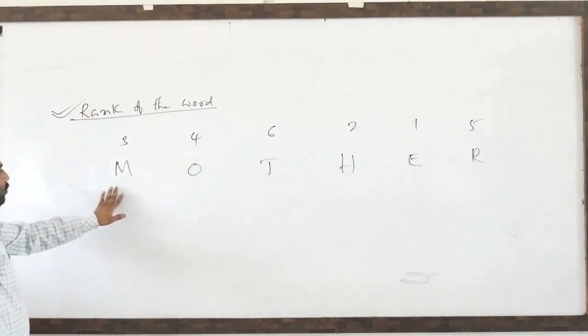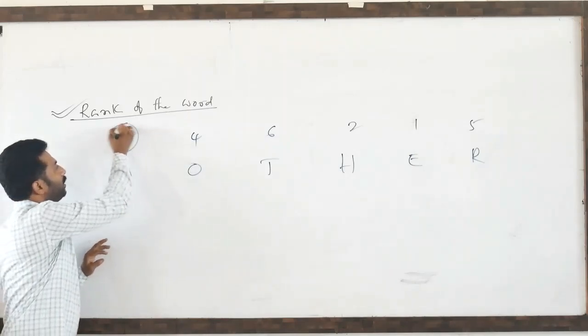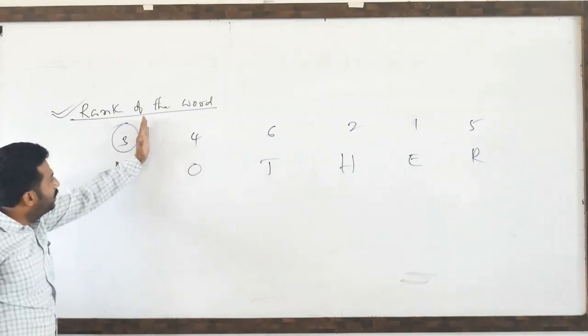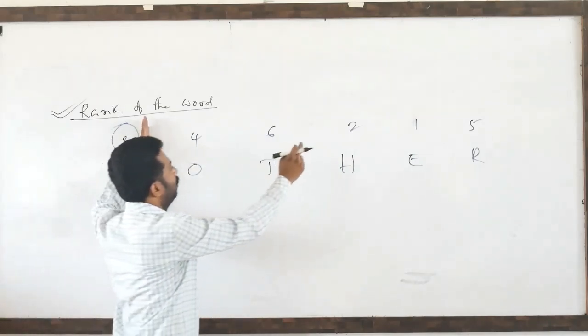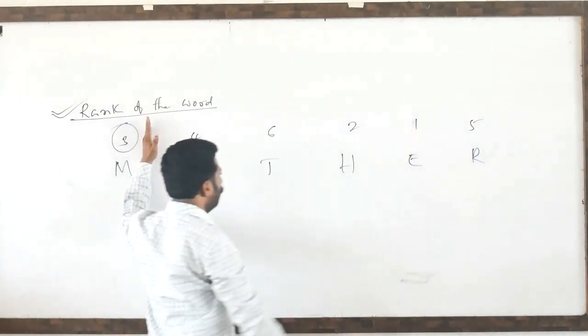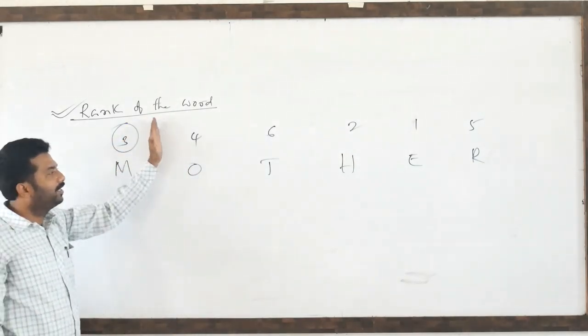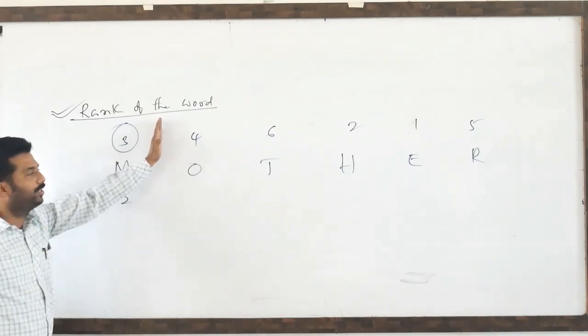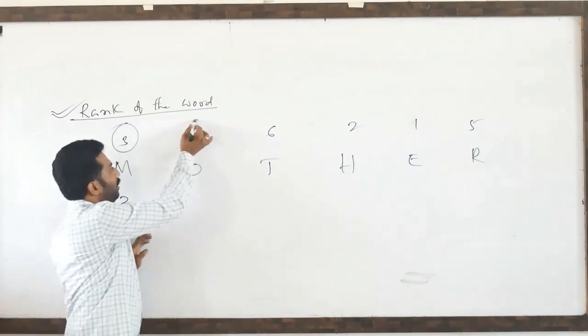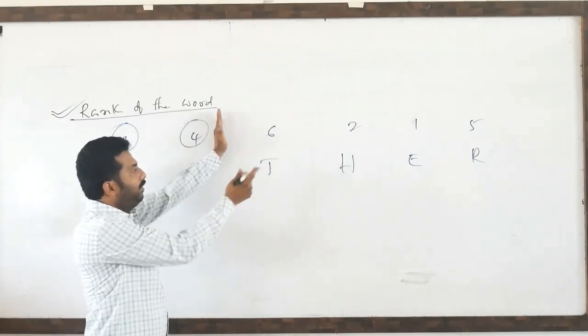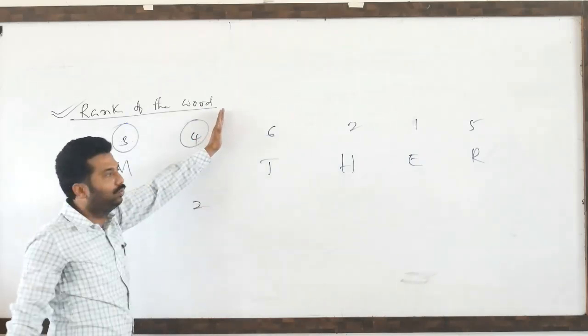So the procedure I told: first we have to select 3. Towards its right side, how many digits are less than 3? 1, 2. So 2 digits are there, write 2. Including 3, is any digit repeated? No digit is repeated. Next, you choose 4. Any digit less than 4? Again 2 digits are there, you write 2.